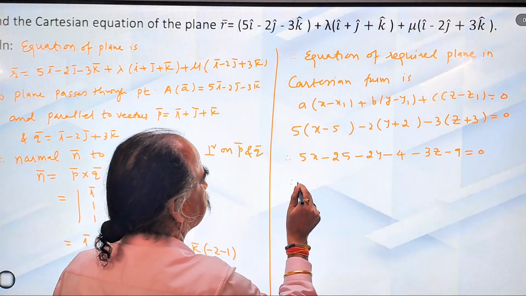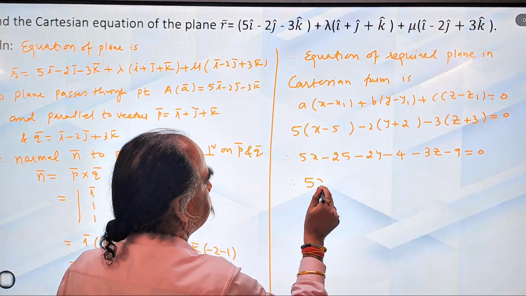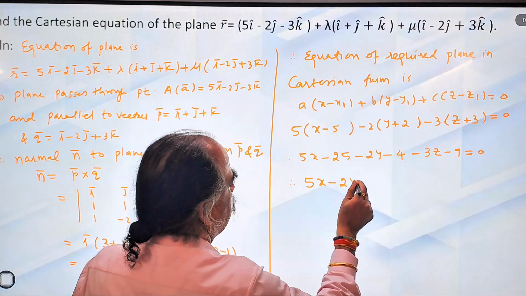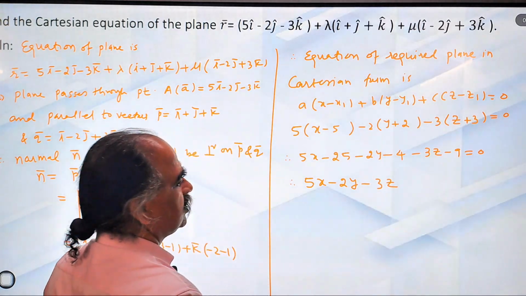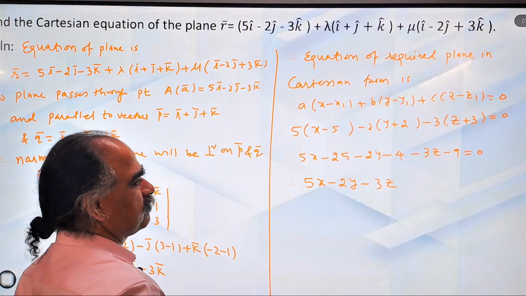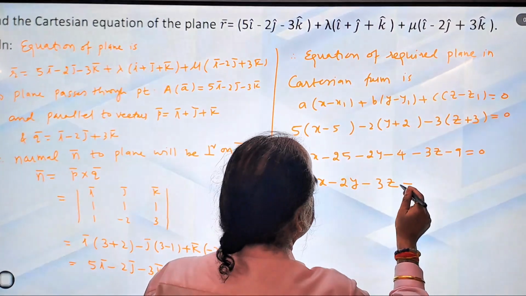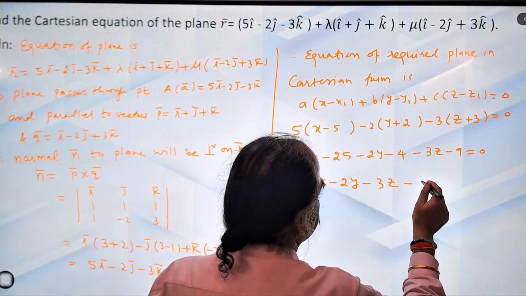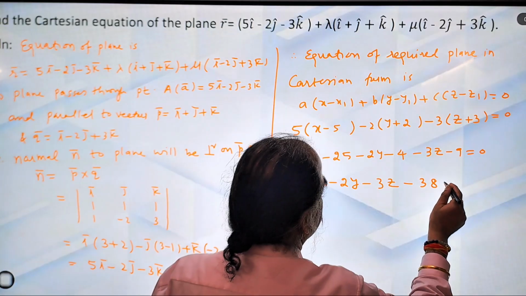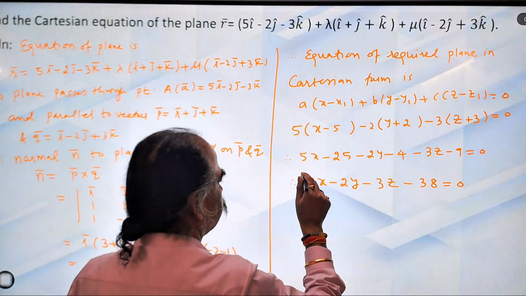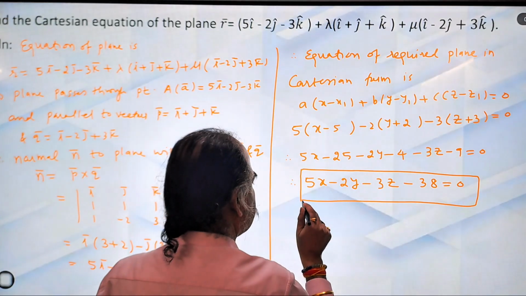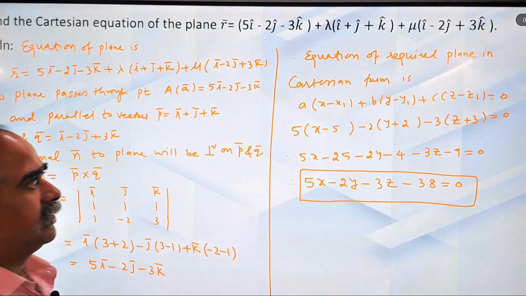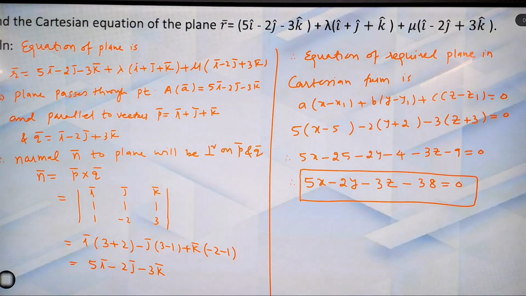Therefore, 5x - 2y - 3z - 25 - 4 - 9, which gives -38, is equal to 0. This is the equation of the required plane.